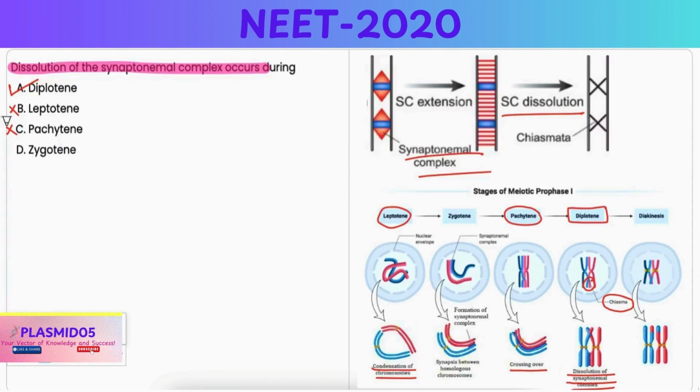Option D, zygotene. This is also incorrect. In zygotene, homologous chromosomes start pairing through a process called synapsis and the synaptonemal complex begins to form. So the question of dissolution at this stage does not arise.